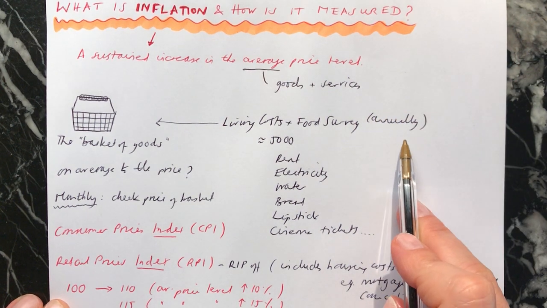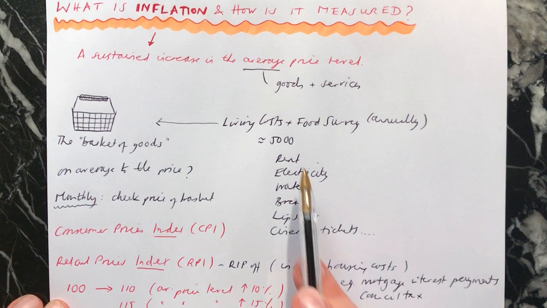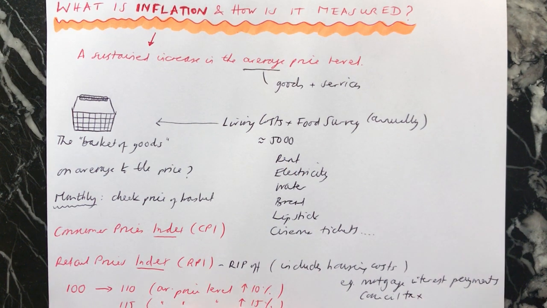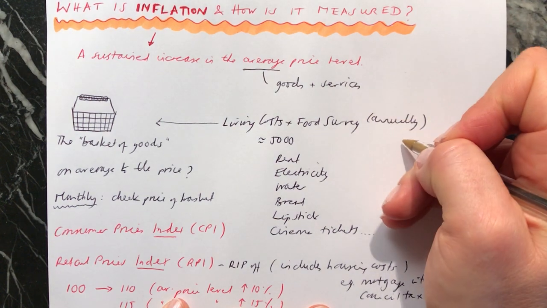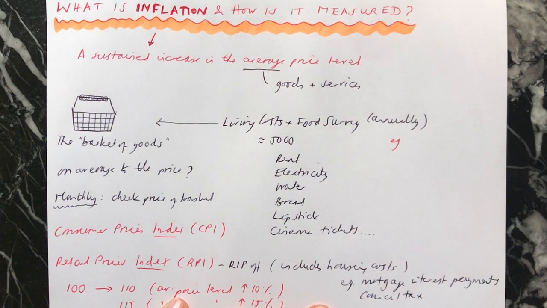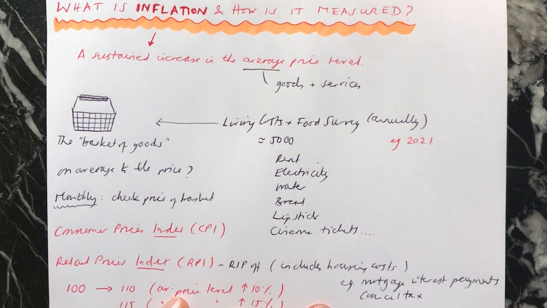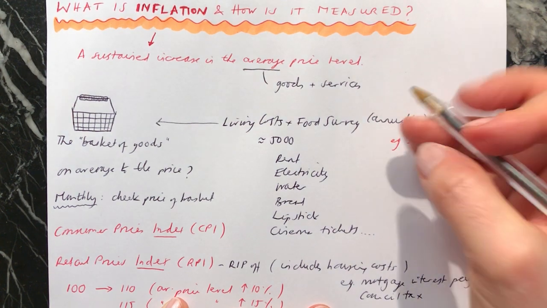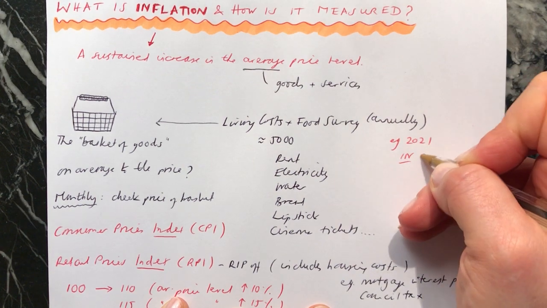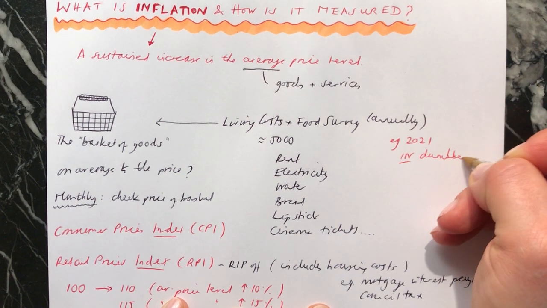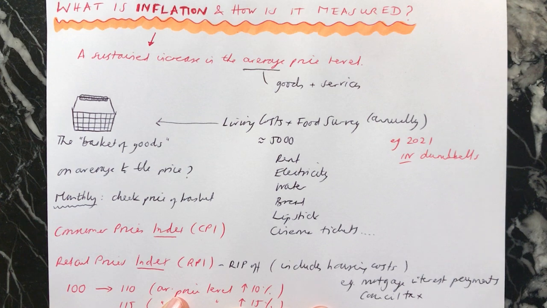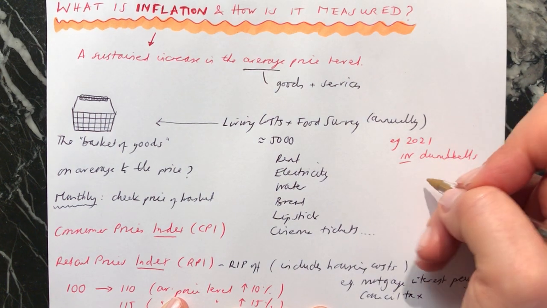And it's quite interesting. Every year they announce new things that have come into the basket and things that have been taken out of the basket. So for example, when we were in the COVID pandemic, there were some very big changes. So in 2021, when what was in the basket was changed, some things that came in, for example, were dumbbells so that people could work out at home rather than going to the gym.